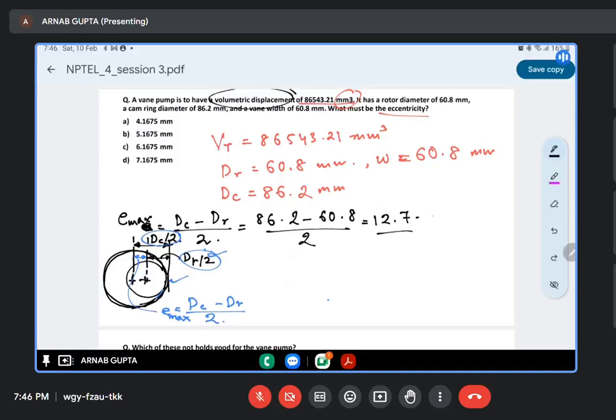Now you see, is this the eccentricity that is being asked? Because this will be the maximum value of eccentricity, but in the question it has nowhere been said to evaluate the maximum eccentricity. They have asked you what will be the value of eccentricity.